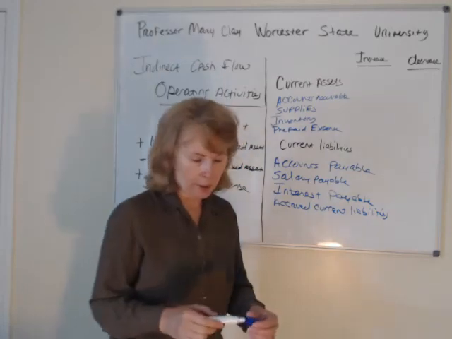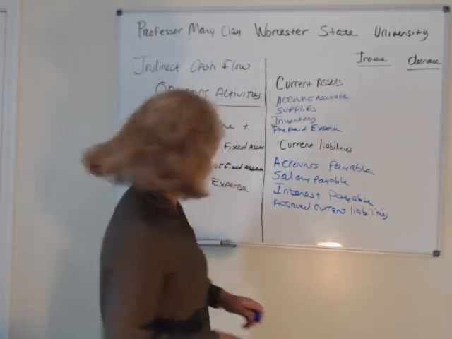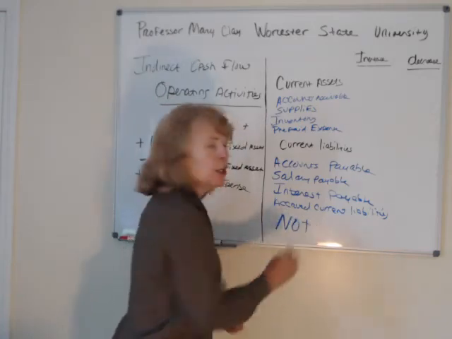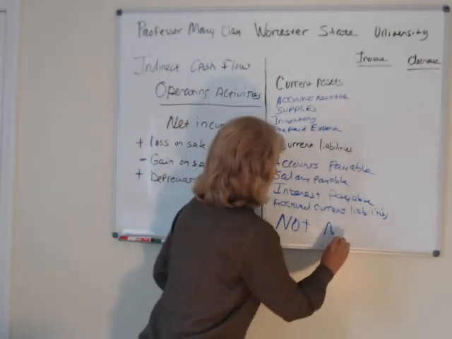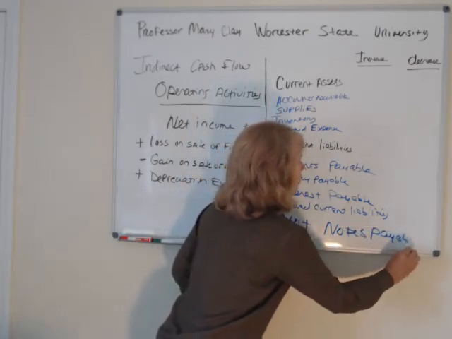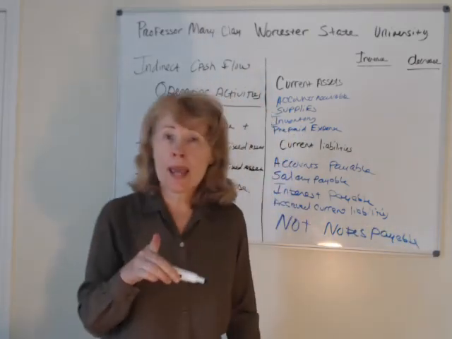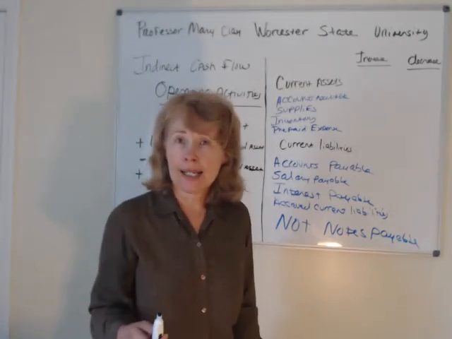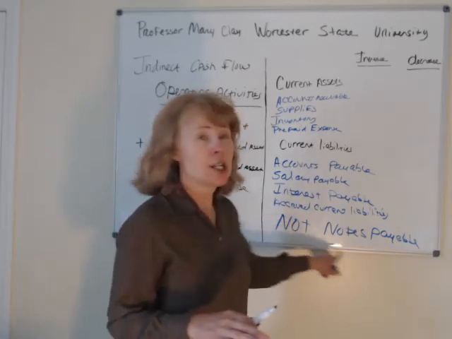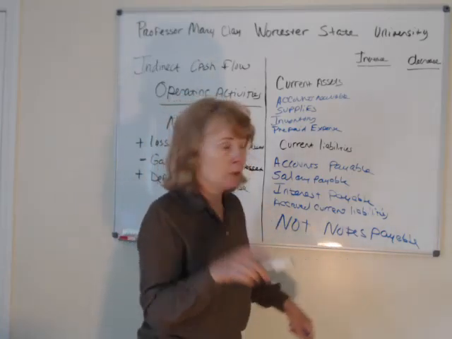Okay? All right, let me write on the board. Not notes payable. Remember, I told you notes payable will always go in financing, whether it's short or long term, so not notes payable. Okay, do not put that in there.